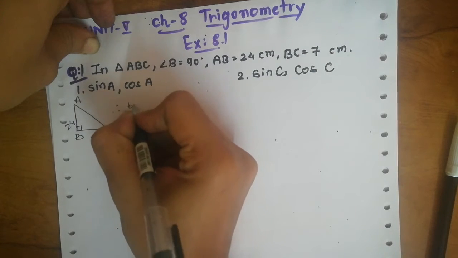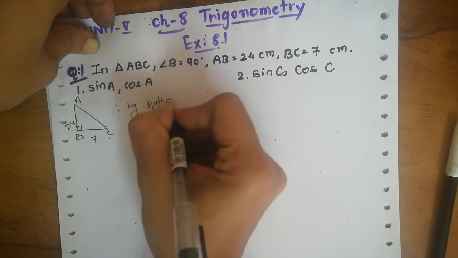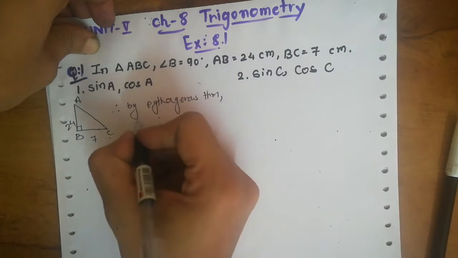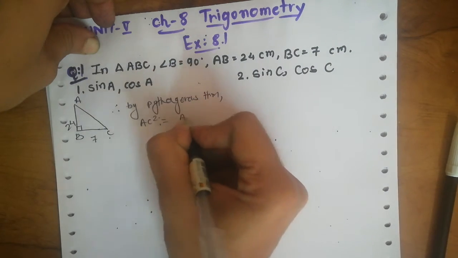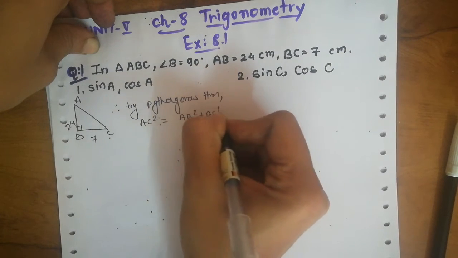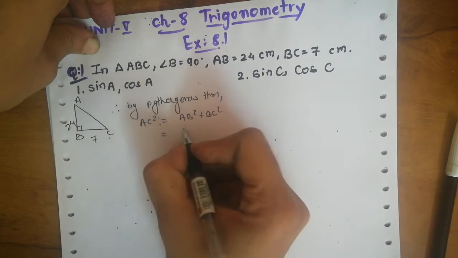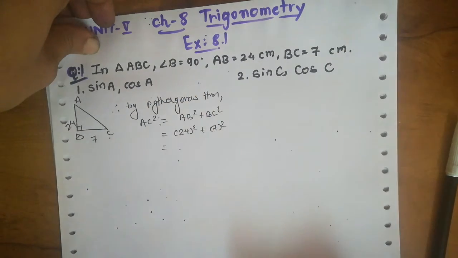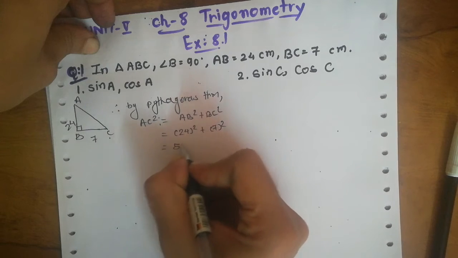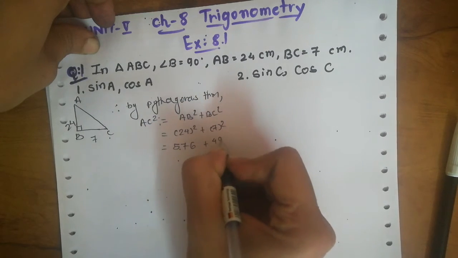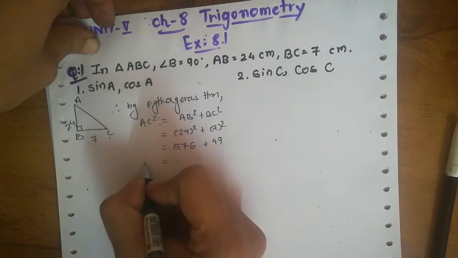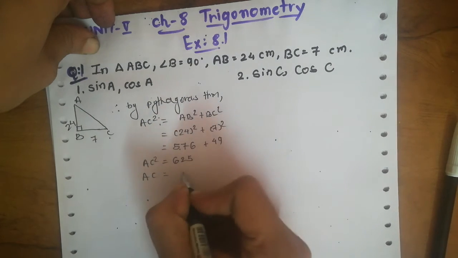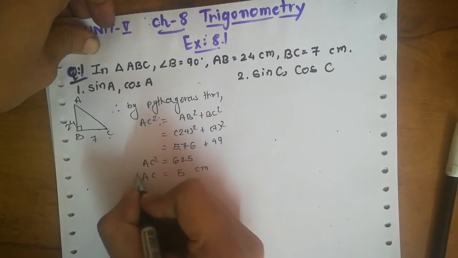By Pythagoras theorem, AC square is equal to AB square plus BC square. AB square is 24 square, and BC square is 7 square. 24 square is 576 and 7 square is 49. So AC square is equal to 625. Therefore AC is equal to 25 centimeter.